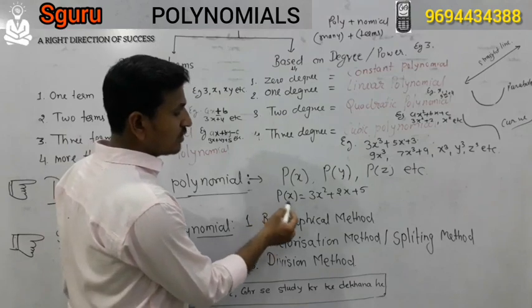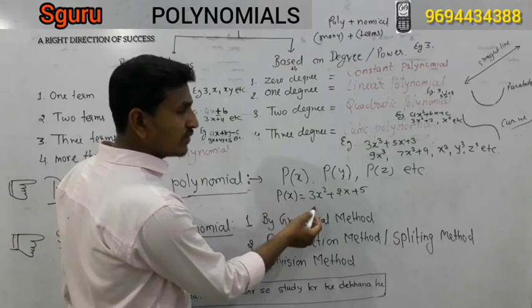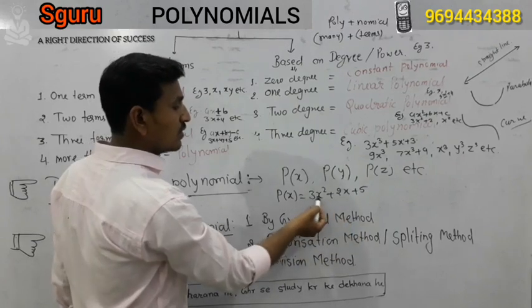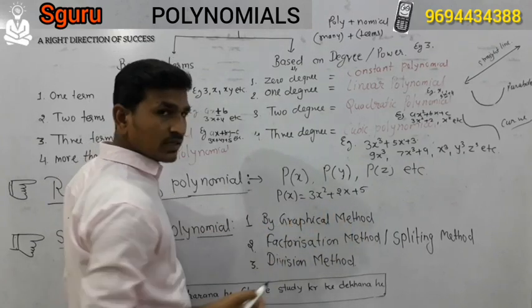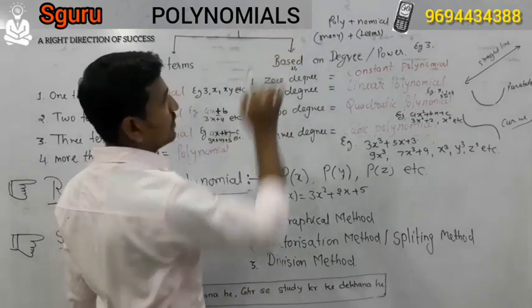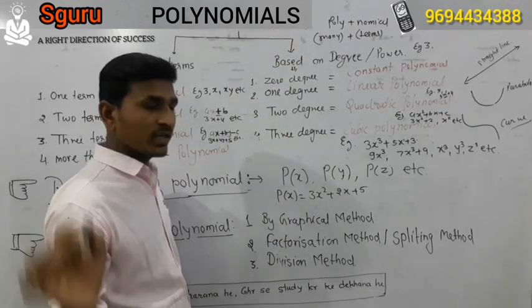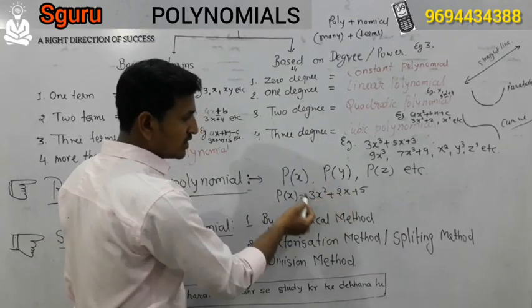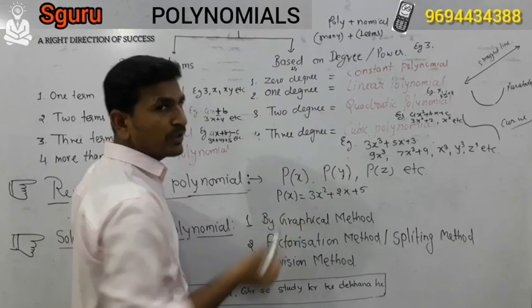Because this contains only one variable, which is only x. Understand? And the p means polynomial. So the best representation of this algebraic expression is px.